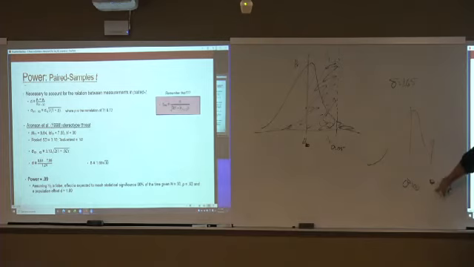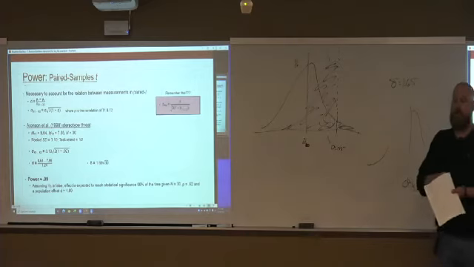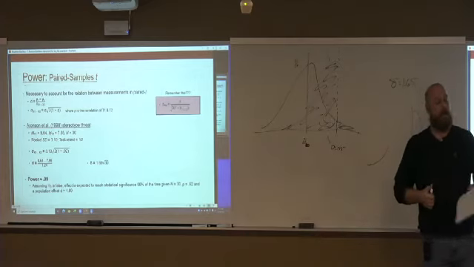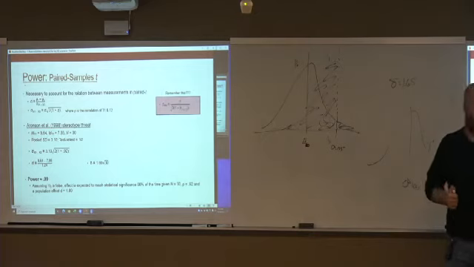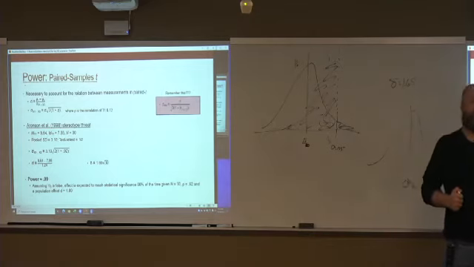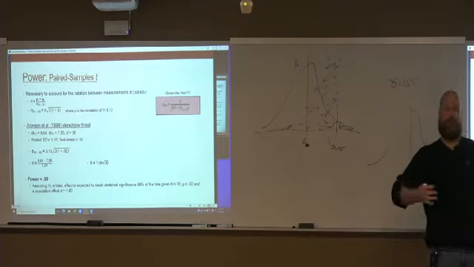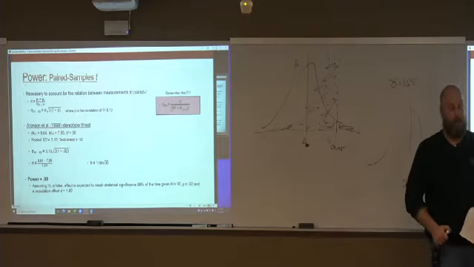But if this is the only one that gets published, there's no way of knowing that the actual real effect is probably down here. So we always need to be careful and recognize that. This is why I said at the beginning that calculating power is much more like horseshoes than darts. It's not super specific. We're just trying to get a general guesstimate of where we're at with things.